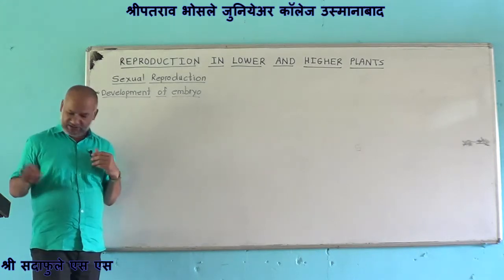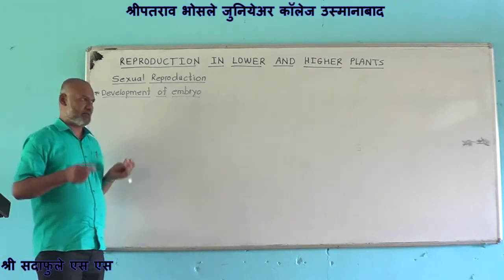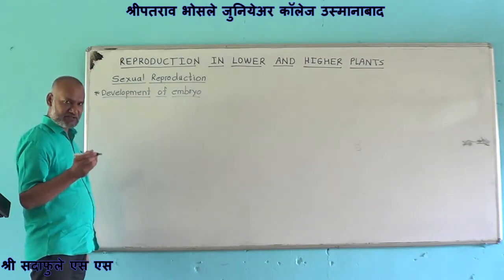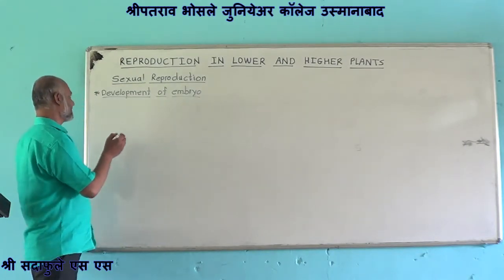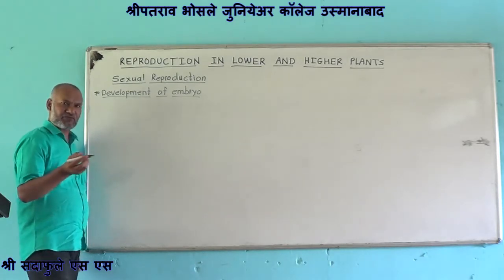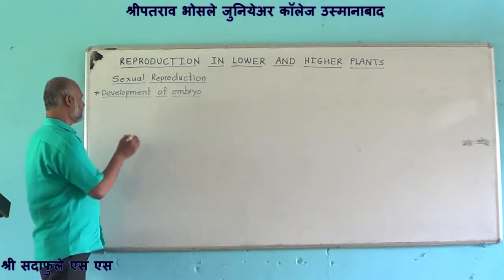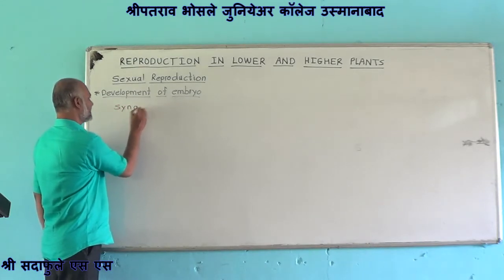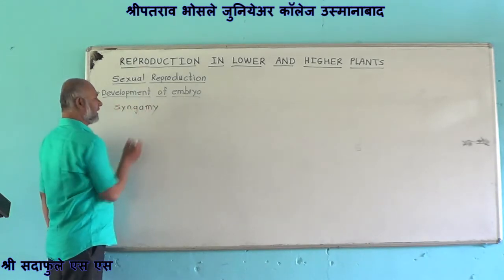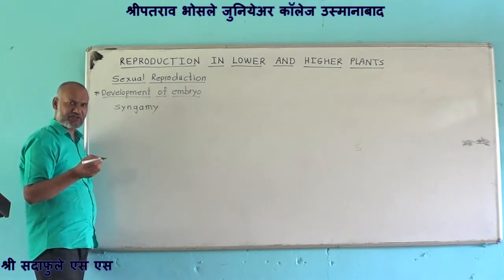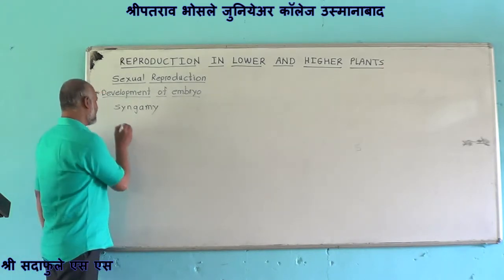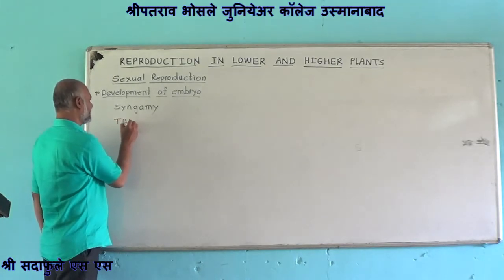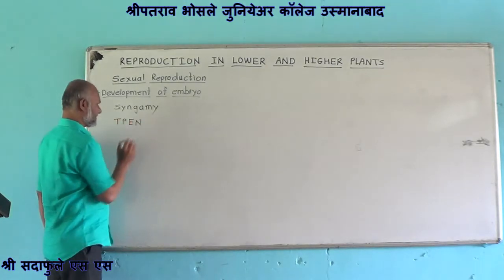Okay, we have studied fertilization. During double fertilization, one of the male gametes fuses with the egg to form a diploid zygote, which is termed syngamy, and the second male gamete fuses with the diploid secondary nucleus to form the primary endosperm nucleus.